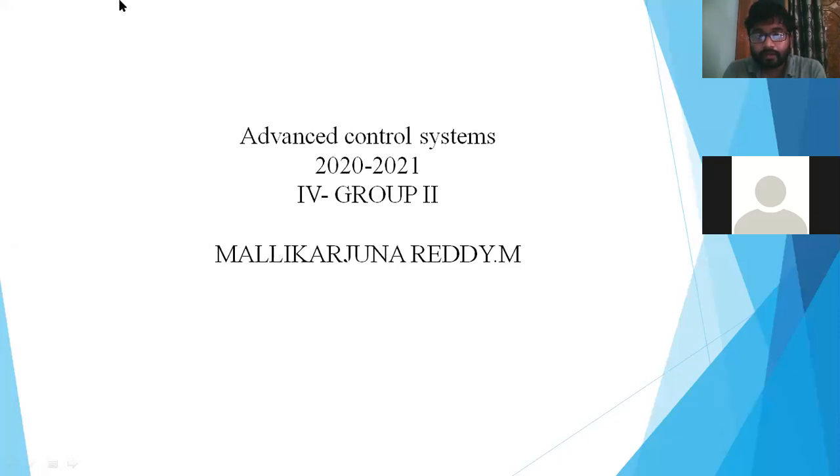There will be a compulsory question on the state transition matrix, whether on properties, on the significance, or a numerical example in which a system is represented in state space and you need to find out the state transition matrix.